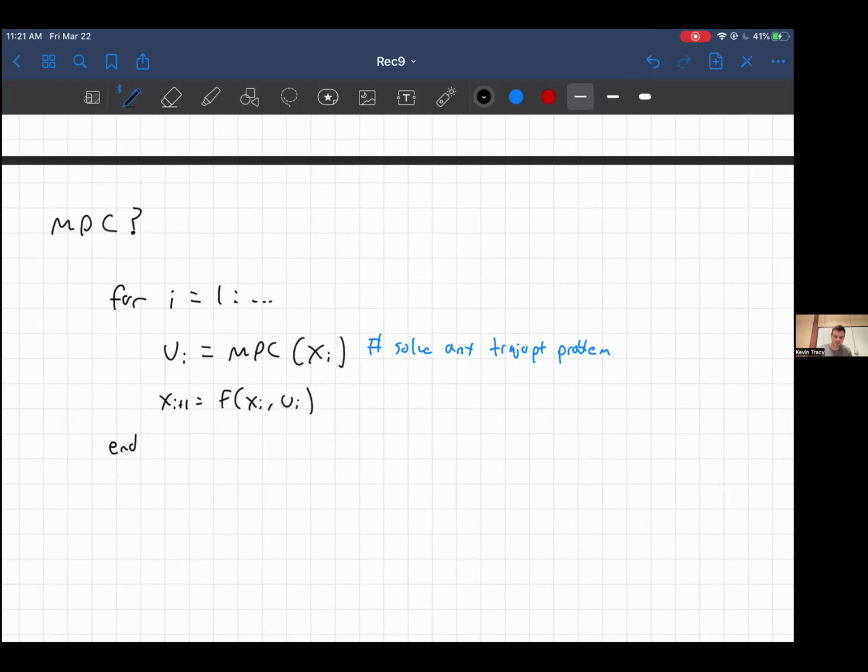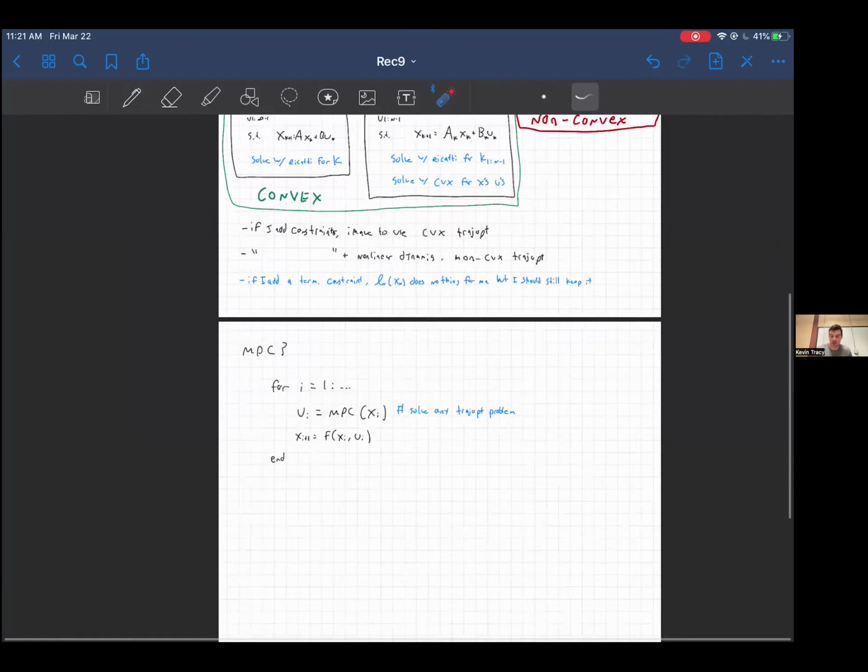It just means that in my simulation loop, at my control step right here, I'm solving a traj-opt problem. So it could be any of these.